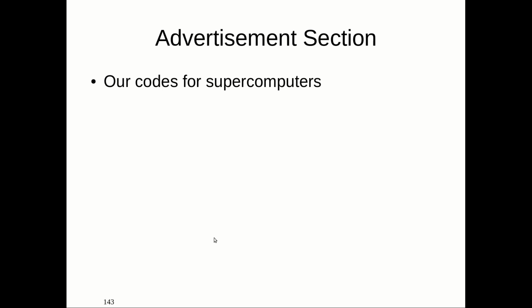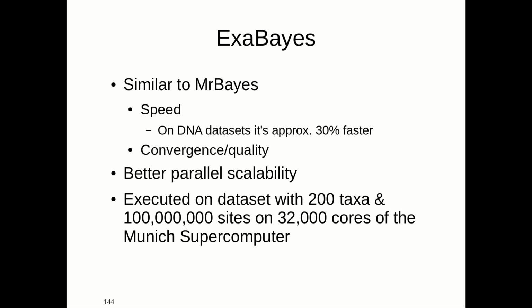Okay, and so here is a small advertisement section, our codes for supercomputers, the ones that we have developed. One is ExaBayes, it is similar to MrBayes, but on DNA data sets it's approximately 30 times faster, with the same kind of convergence properties and quality of the results, but much better parallel scalability.